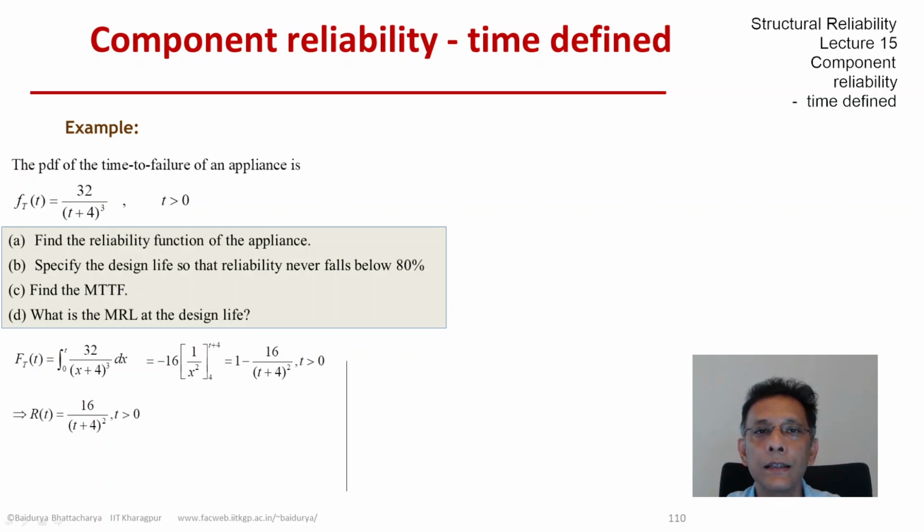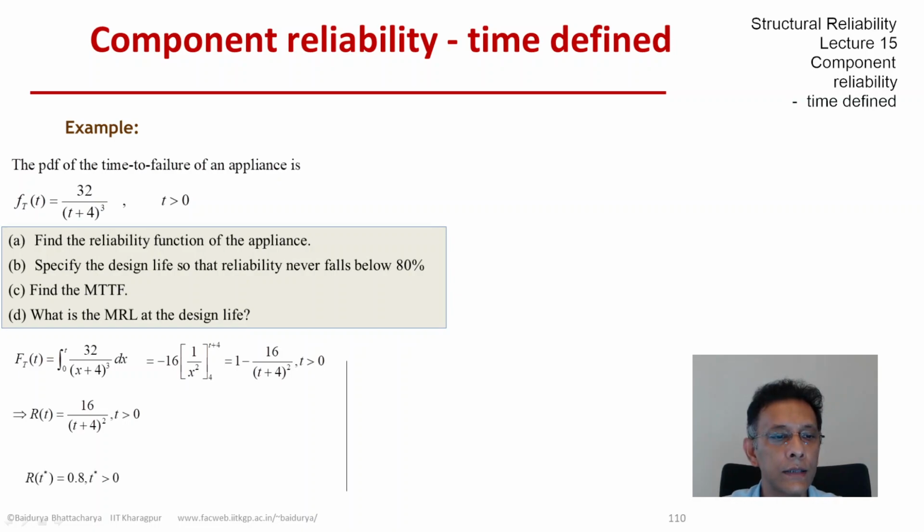The next two parts, part C and D, ask us to find the mean time to failure and the mean residual life at the design life, which we have to find next.